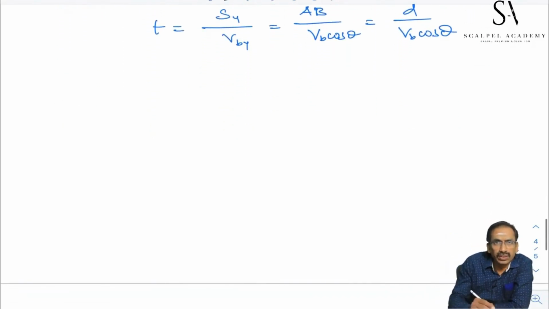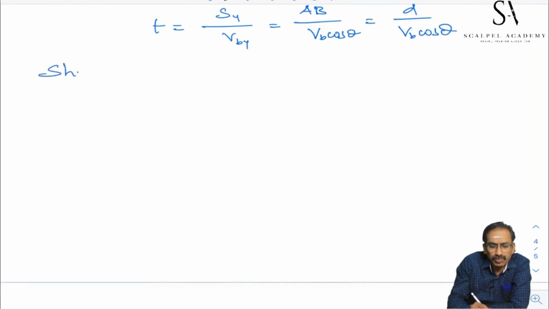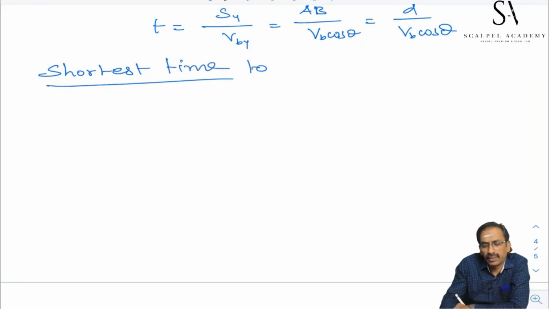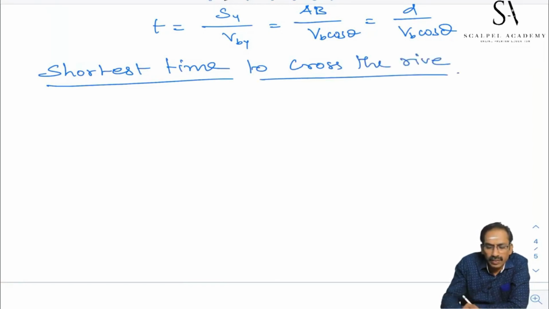Shall we discuss the shortest time to cross the river? We know T is equal to d divided by Vb cos theta.